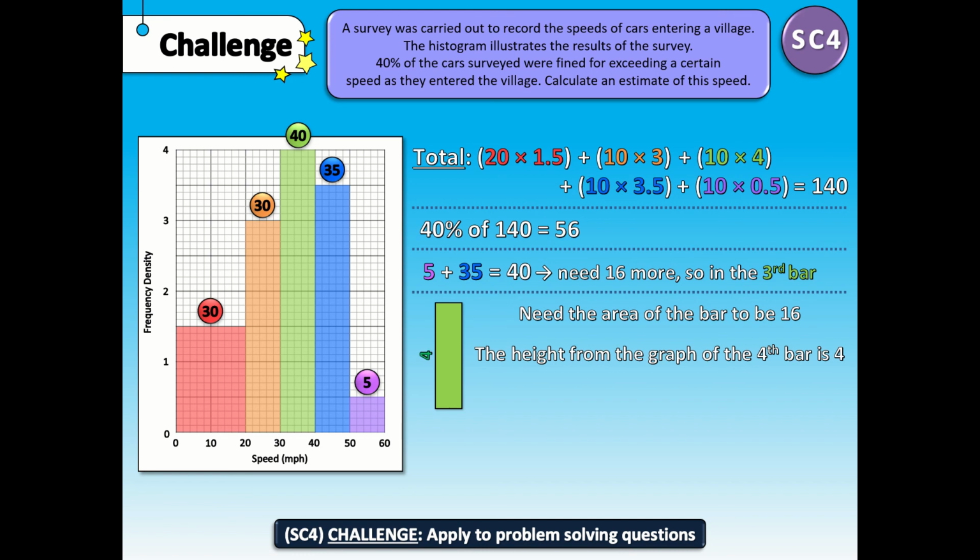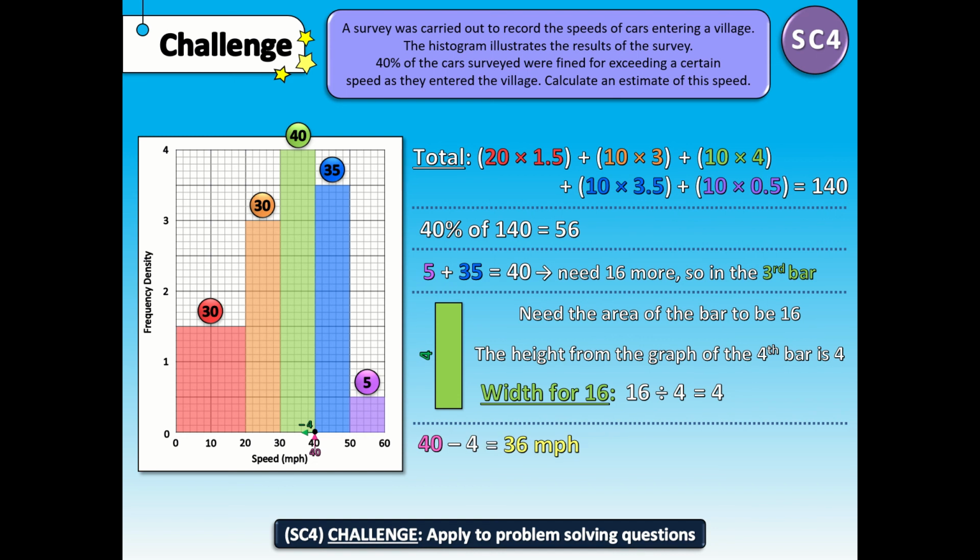So the height of the green bar is 4. So now we need to work out the width for an area of 16. So 16 divided by 4 is 4. So 4 back from there would be 36 miles per hour.